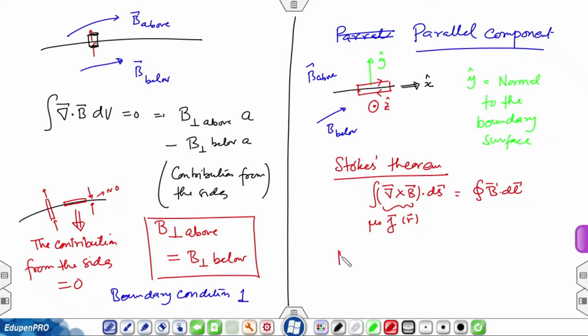So, I have the integral of mu naught j r dot ds equal to B x above minus B x below times dl, because dl is in the x direction.